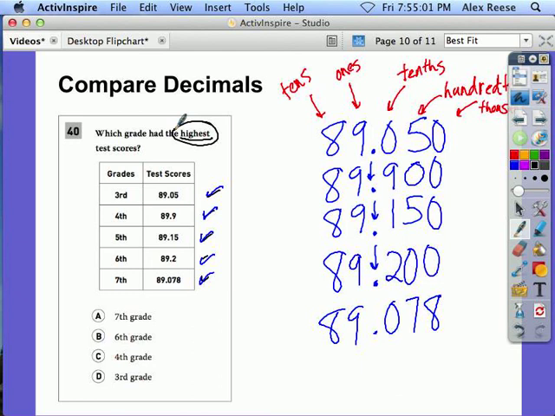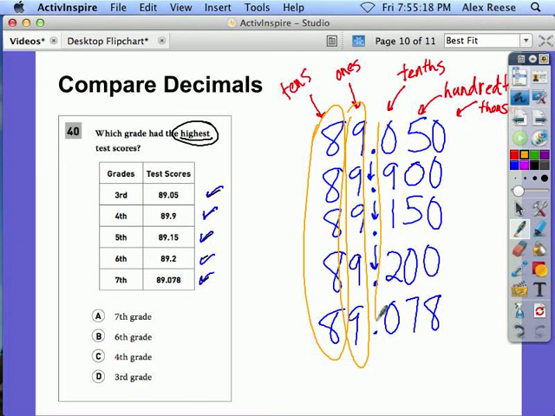So I'm looking for the largest number here. I compare from left to right. These numbers don't tell me anything because they're all 8s. The ones place doesn't tell me anything because they're all 9s. The tenths place is where I find my answer.